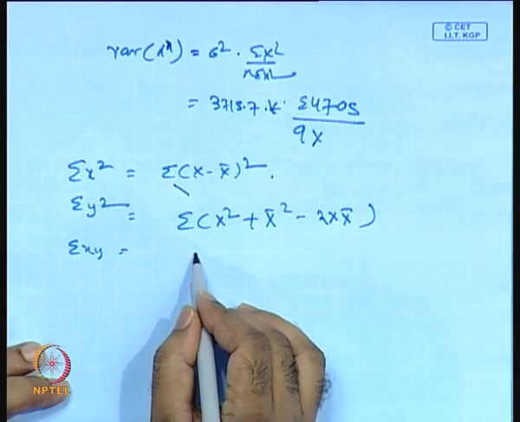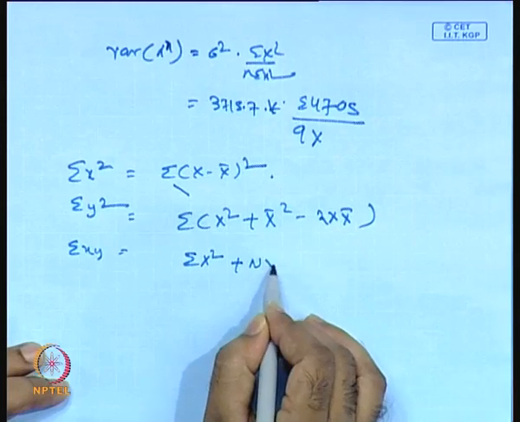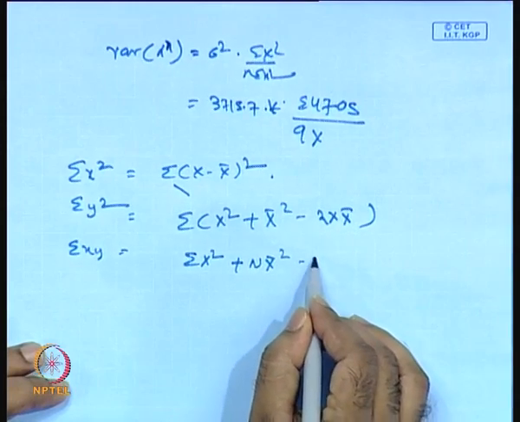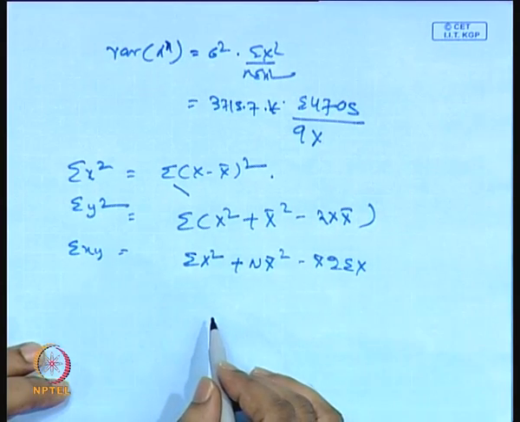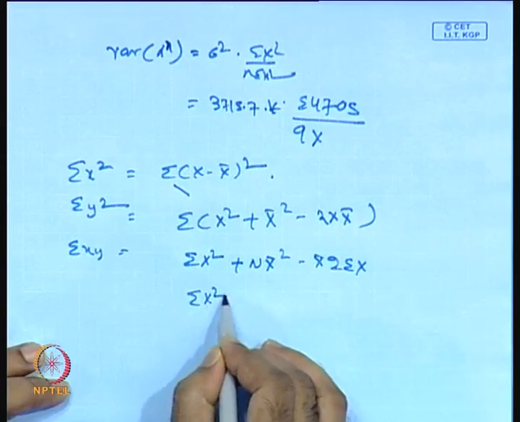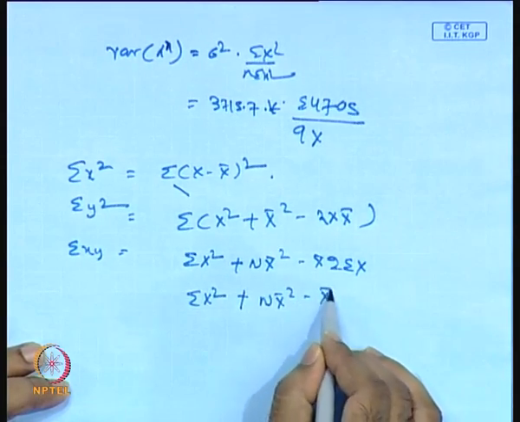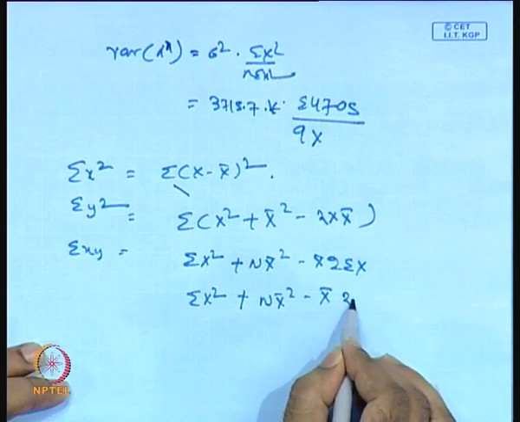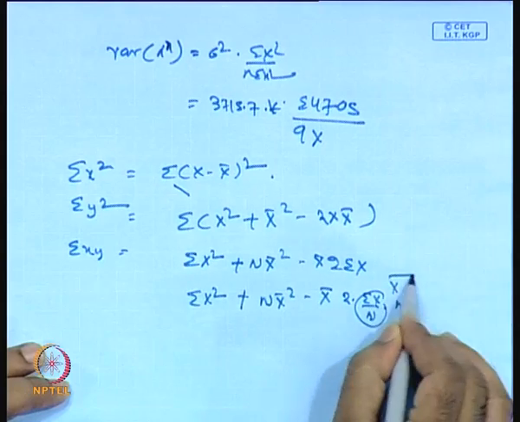If you calculate further, this is summation x square plus n x bar squares minus x bar into 2 summation x, which is x bar into 2 into summation x divided by n into n. So this is nothing but x bar.